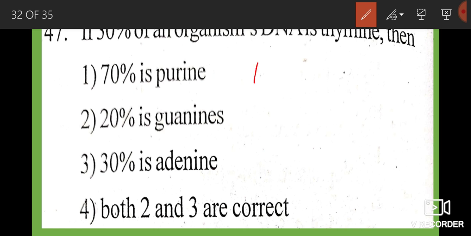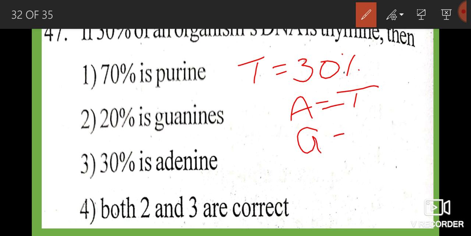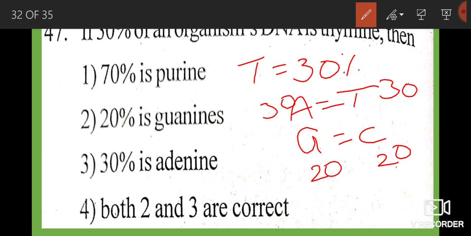Thymine is given as 30%. According to Chargaff's law, adenine equals thymine, guanine equals cytosine. So adenine is also 30%, cytosine 20%, guanine 20%. So 50-50, total 100%.